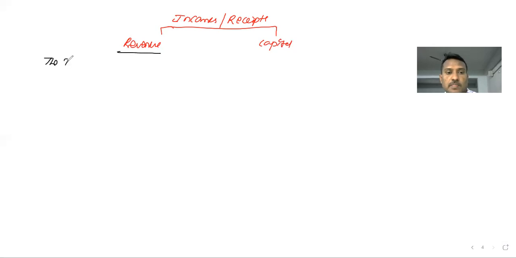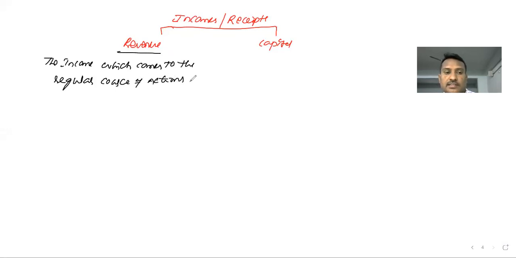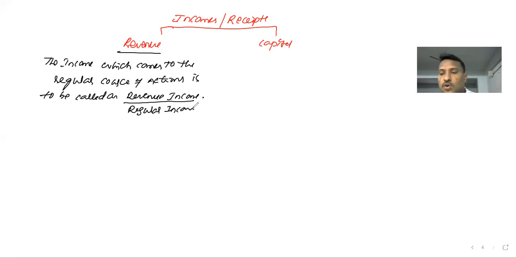The income which comes in the regular course of actions or source of actions is to be called revenue income. Regular incomes are also to be called revenue income.